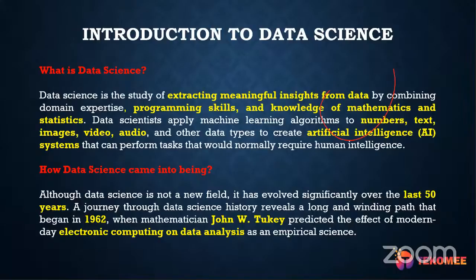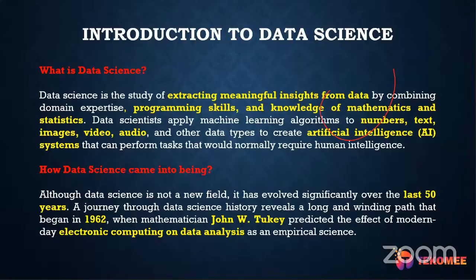It was basically found out by a mathematician called John Tukey. He started learning about the history of data, of how to use data, in 1962, right? And he predicted the effect of electronic computing on data analysis.